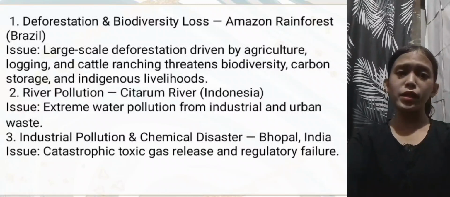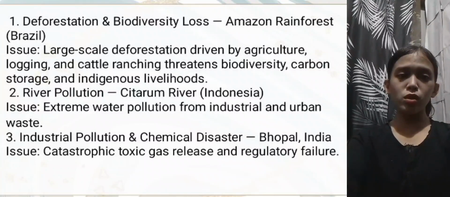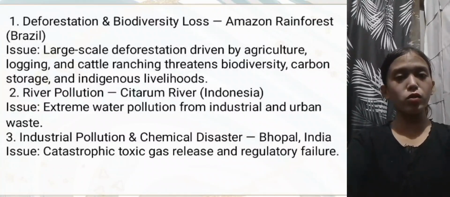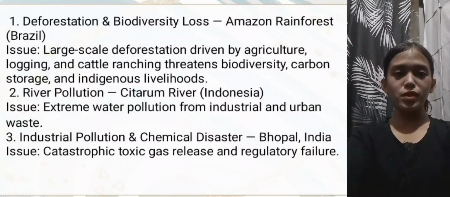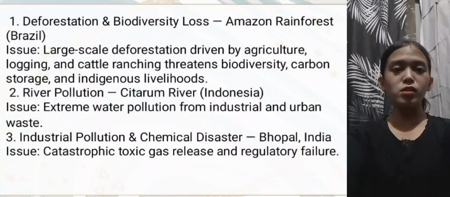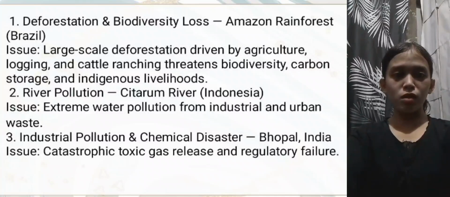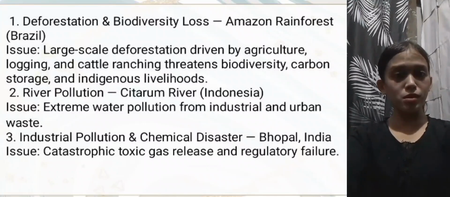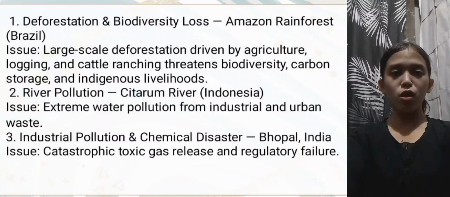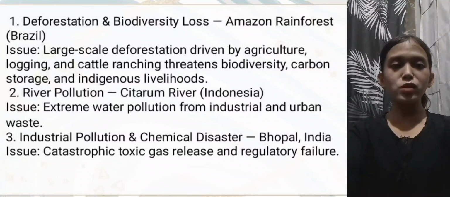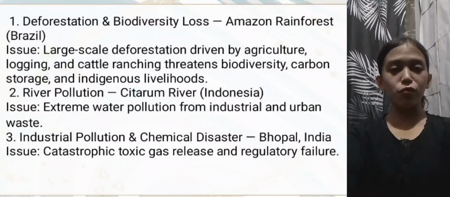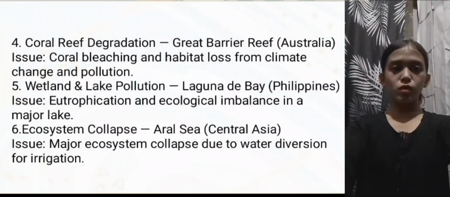So why did this become an environmental problem? Because thousands of people died or became sick. Also, long-term health problems affected many families and showed the danger of unsafe industries.